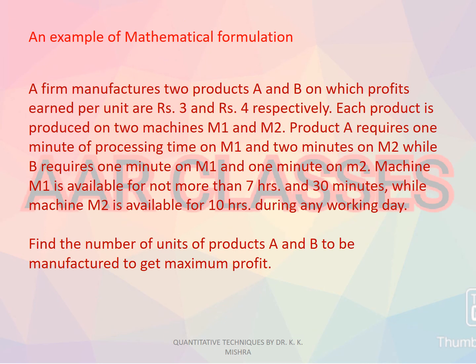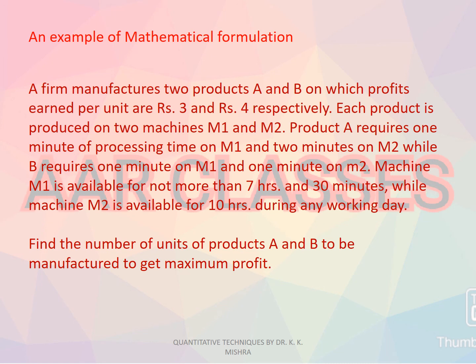Now, to make you completely understand, here I have taken a mathematical problem, an example, wherein a firm manufactures two products A and B, on which profits earned per unit are rupees 3 and rupees 4 respectively. Each product is produced on two machines, say M1 and M2.